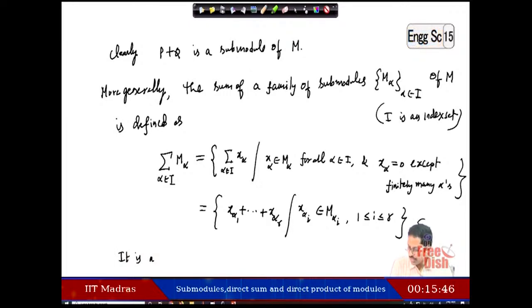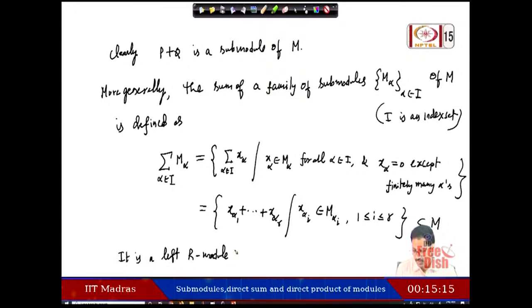Of course, everything is sitting inside M, because each M alpha is a submodule of M. Then if we take their sums, that is also a submodule of M. Therefore, the sum of M alpha is also a subset of M. It is a left R module, and one can check, it is not difficult, that it satisfies all the conditions of a left R module.